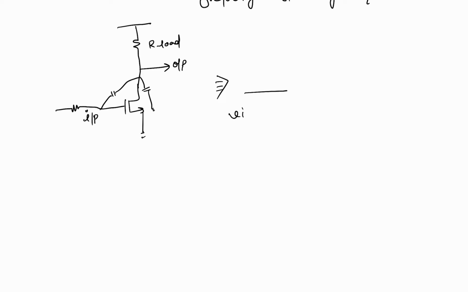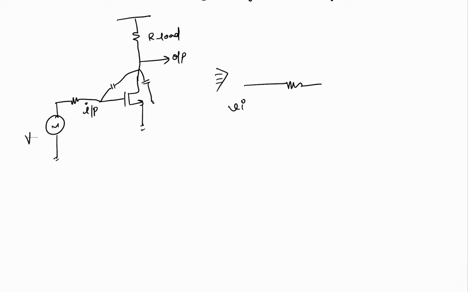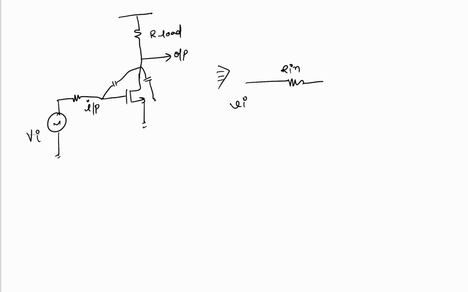In the small signal diagram, we are giving some input here, with R in as the input resistance. We also have the CGS of the MOSFET, and the voltage here corresponds to this node voltage.